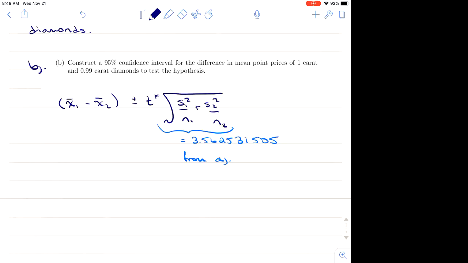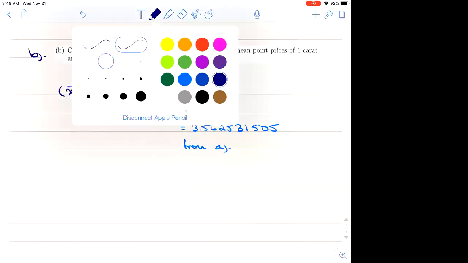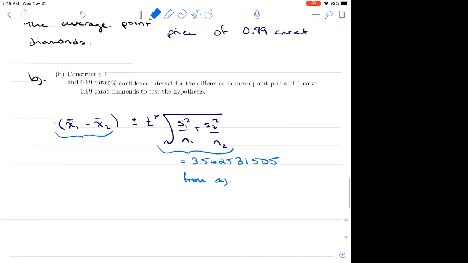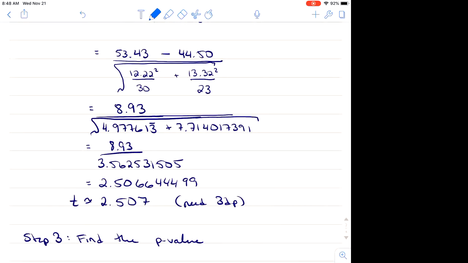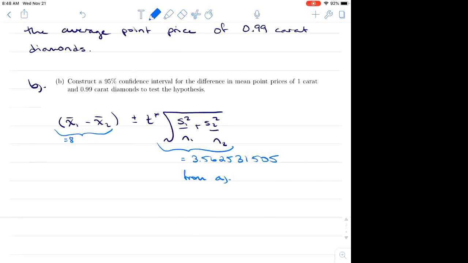Here's what it is from part A. And this we already found as well, right? That's the 8.93 from part A. So that's allowed.